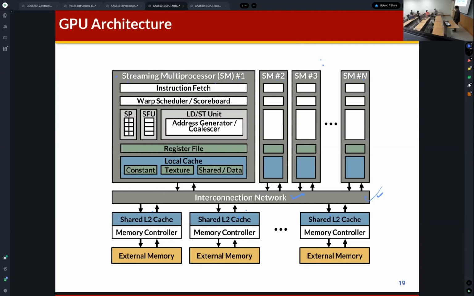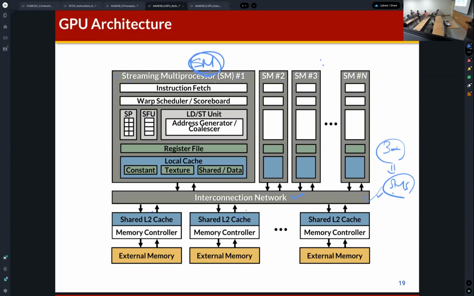But a core is very similar to an ALU, and the SM is similar to the core of a CPU. A recent GPU has around 32 SMs, which means a single GPU chip has 32 cores in this sense, similar to the number of cores of an Intel Xeon CPU, right?